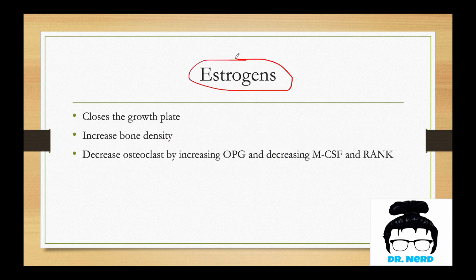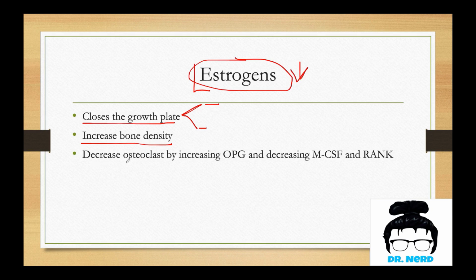Estrogen and its role in bone physiology. So basically, it closes the growth plate in both females and males when puberty happens. It's produced in the testes by males, and as you know, estrogen is produced by females. It also increases bone density. That is why when people go through menopause, they're going to start seeing weakness in bones, because they're going to have a decrease in estrogen levels.